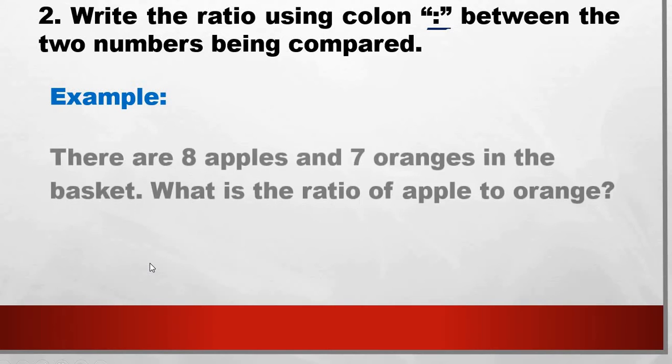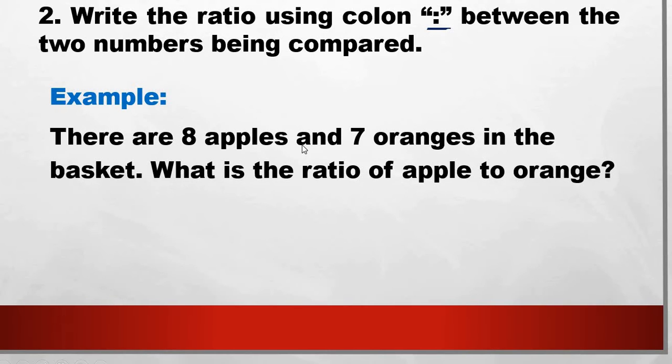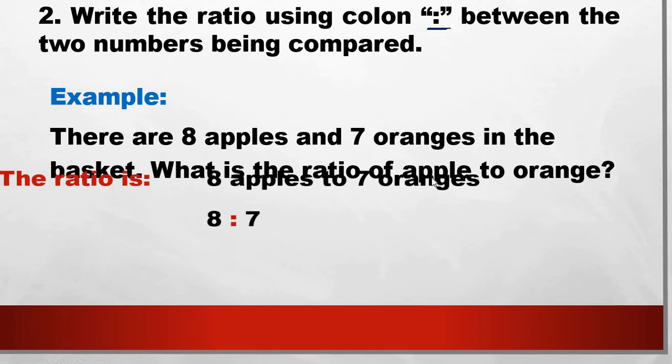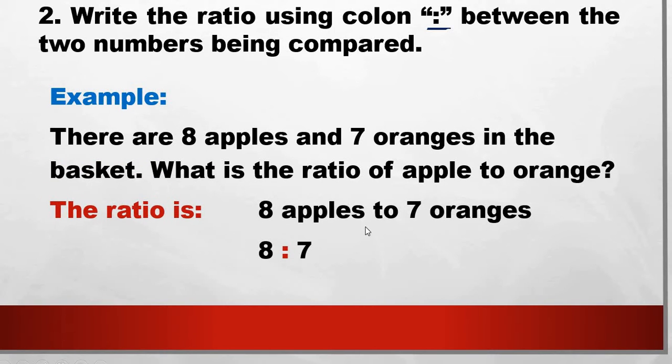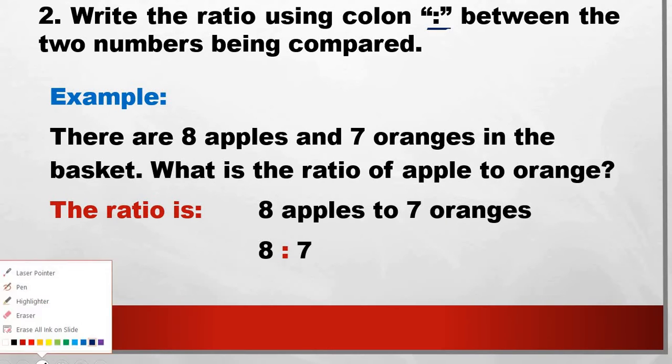Alright, so we have an example. There are 8 apples and 7 oranges in the basket. What is the ratio of apples to oranges? So we have 8 apples to 7 oranges. Here we use the colon to represent our ratio.